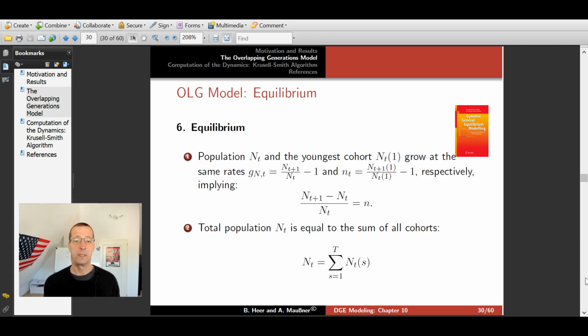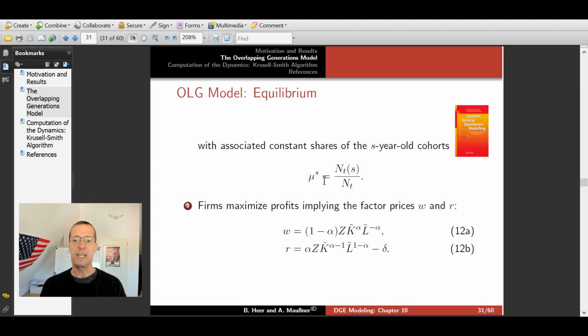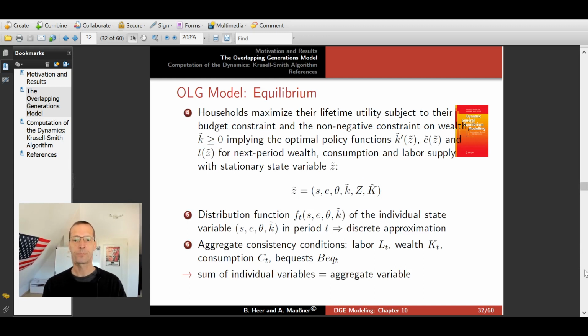Now we can define an equilibrium, and I will skip through this quite quickly because we have described basically all the equilibrium conditions already. So population grows at a constant rate n. The size of the different cohorts is given by N_t^s, and the share of a cohort at age s is constant, which is equal to N_t^s over N_t. Firms maximize profits so that factor prices are equal to the marginal products.